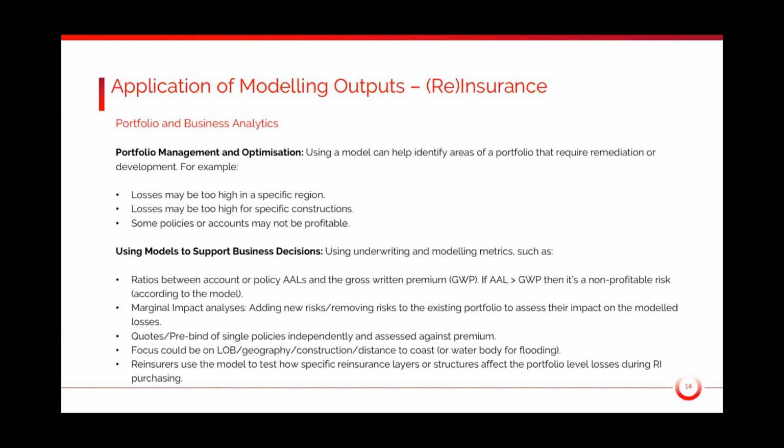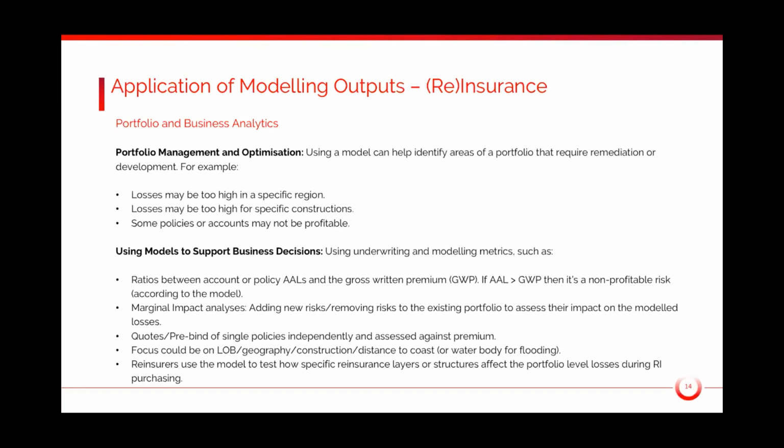One of the companies I worked for previously, as part of our risk appetite, decided we're not going to write any wood frame buildings within a mile of the coast, certainly in Florida, for obvious reasons, because the vulnerability was too high. So we used the model to determine why we came to that decision. Underwriters use model outputs with their underwriting metrics.